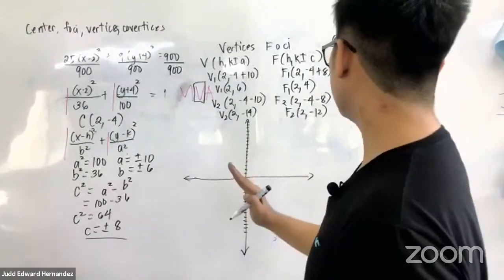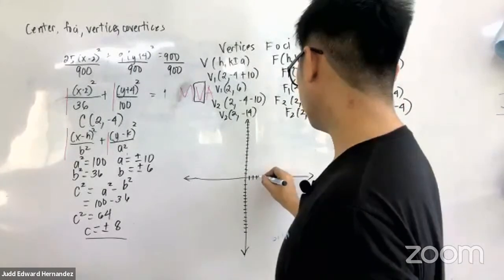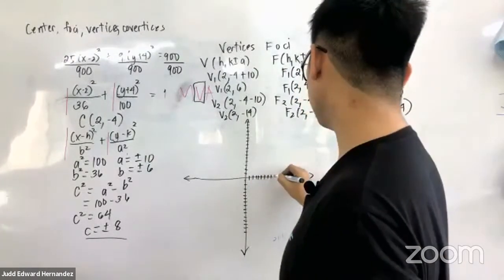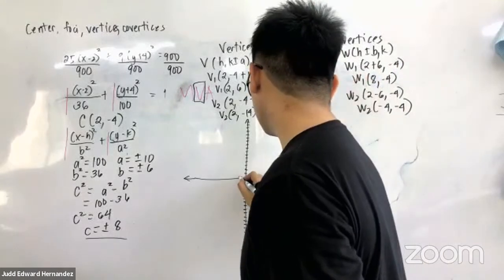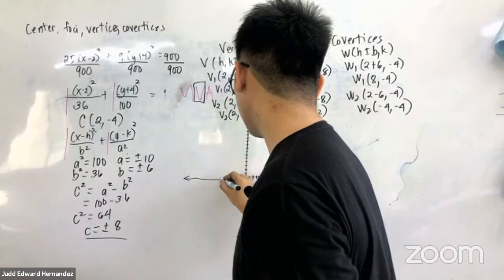Pakanan, pakaliwaan yung pinakamahaba. So sabihin na lang natin, tig 10, counting 1 to 10 on each side.